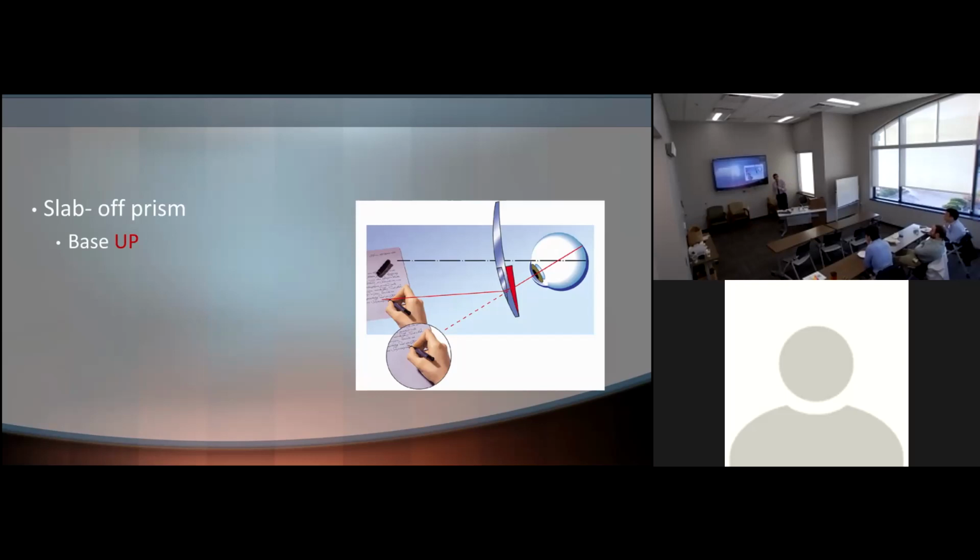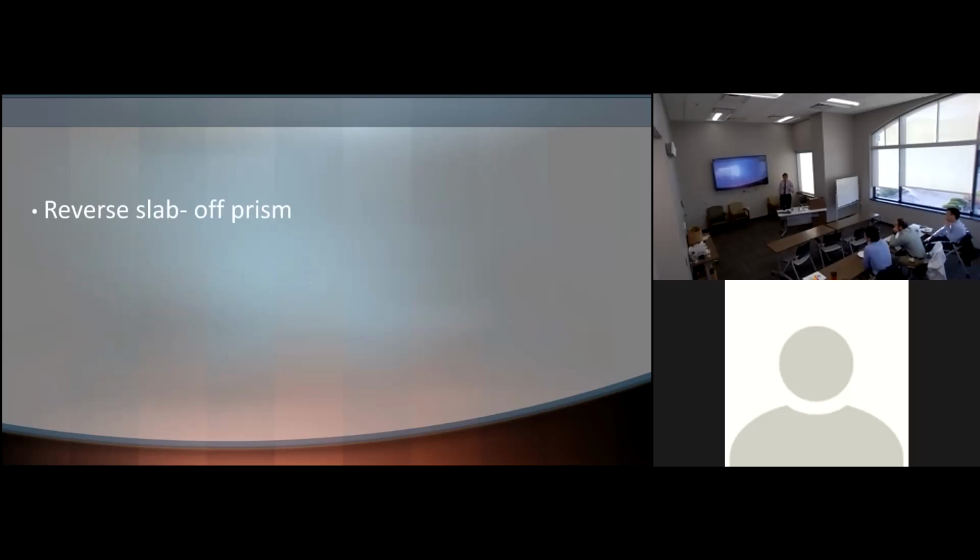Slab off will induce base up prism and is only applied to the back of the lens, and we use it for the weaker lens, the one we have with less plus or more minus. On the other hand, we have the reverse slab off prism, in which we add base down effect on the front surface of the lens, on the lower segment of the lens, and on the stronger lens, the more plus or the less minus.